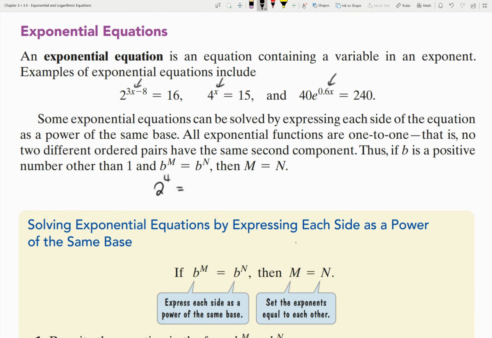If we have 2 to the 4th on one side, there is nothing that you can put in the box other than a 4 to make these two sides equal. Now, if the bases weren't equal, then we would have different exponents. But if the bases are equal, the exponents must be equal to each other.